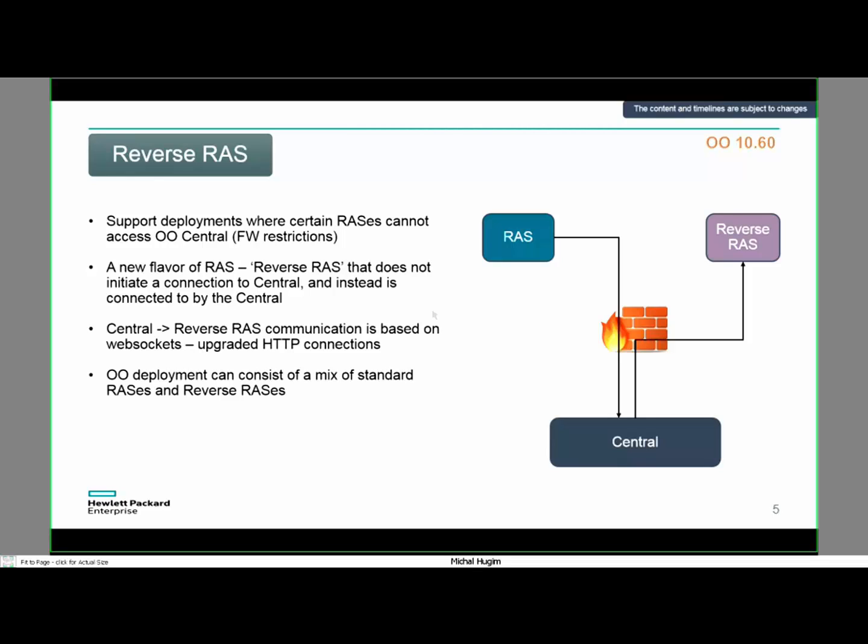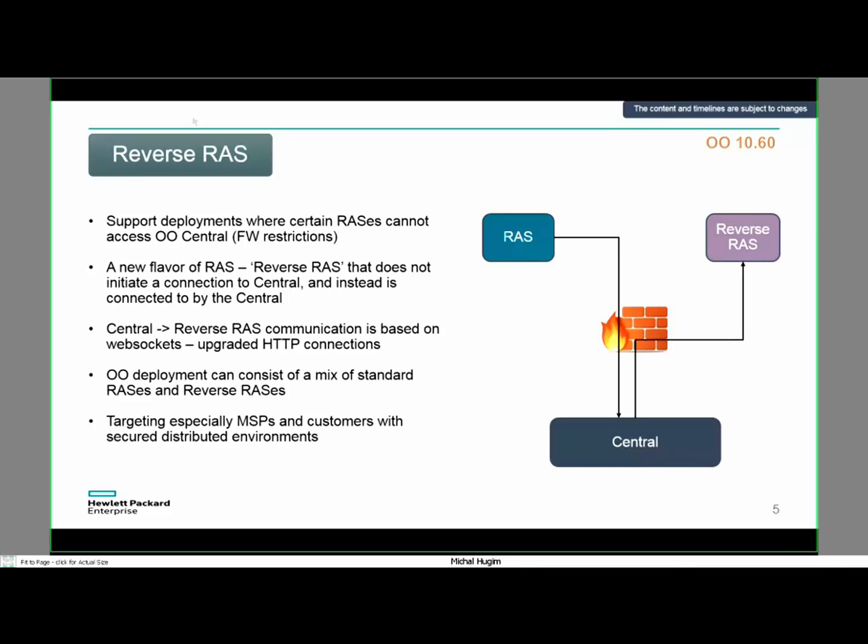It's important to understand that logically the RASes are the same. The only difference is the way of connection. And you can have a mixture of standard RASes and reverse RASes together in your deployment.